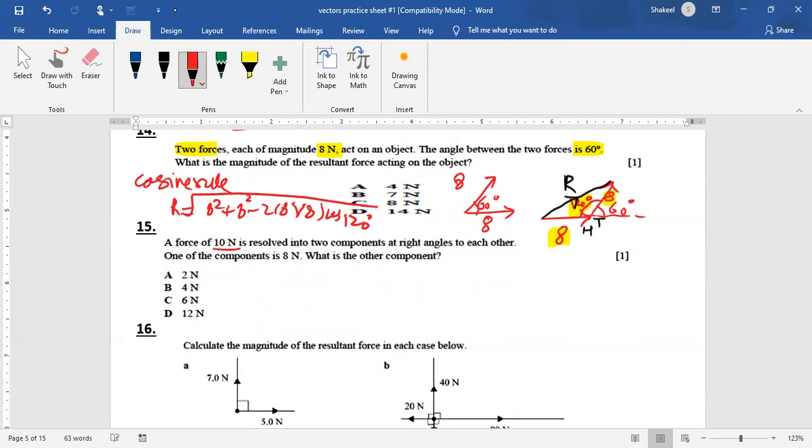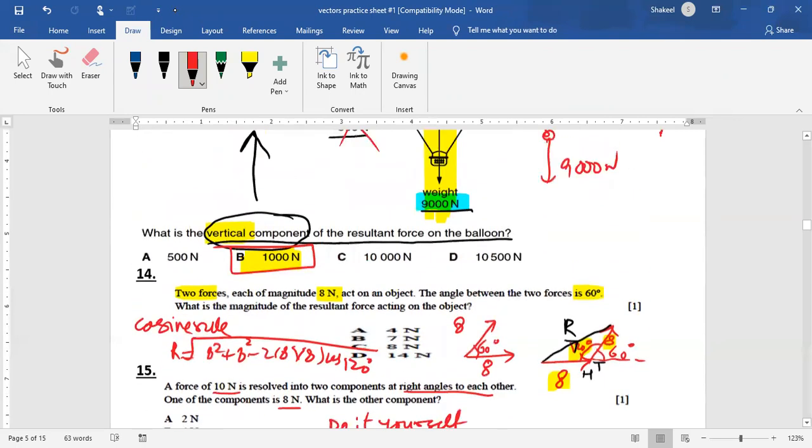Next, a 10 Newton force is resolved into two right angle components. One component is 8. What is the other component? This question is similar to the previous two questions that we have already done. Try it yourself. Pause the video and try this question yourself.